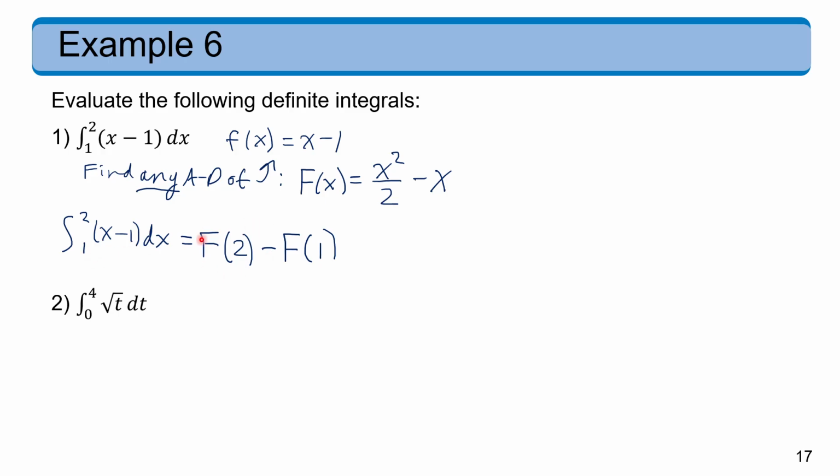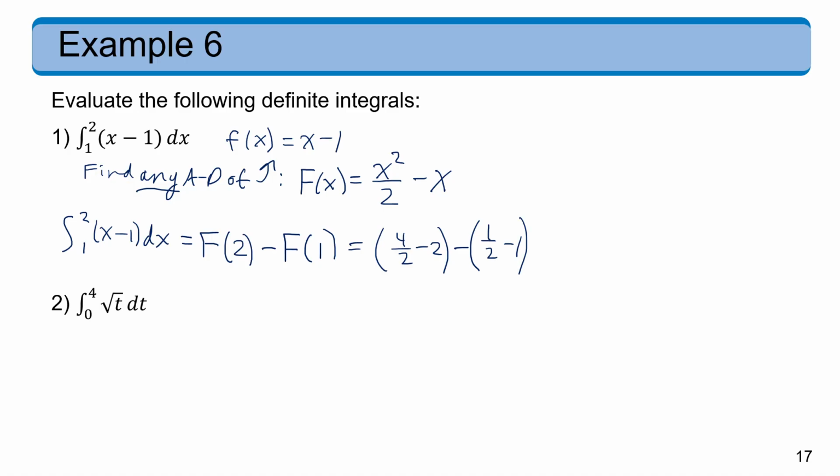So now all that's left to do is evaluate these. So F of 2, we get 2 squared, which is 4 over 2, and then minus 2. Then we've got minus. Now we need F of 1, so that will be 1/2 minus 1.